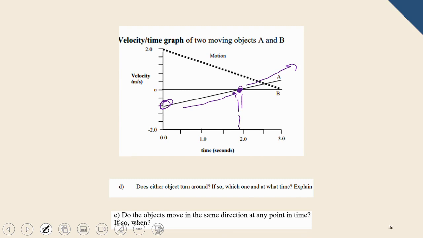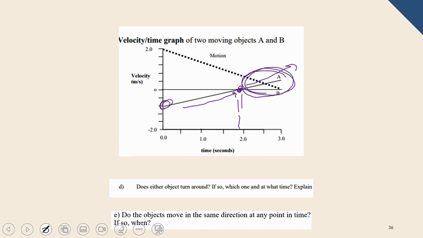And part E. Do the objects move in the same direction at any point in time? If so, when? And if you remember our graph tips, to know which direction an object is going in the velocity time graph, all you do is see whether its velocity is above the x-axis, or positive, or below the x-axis, or negative. Now, both of our lines are above the x-axis from about 2 seconds to 3 seconds.